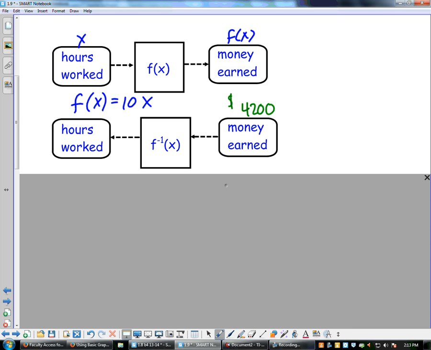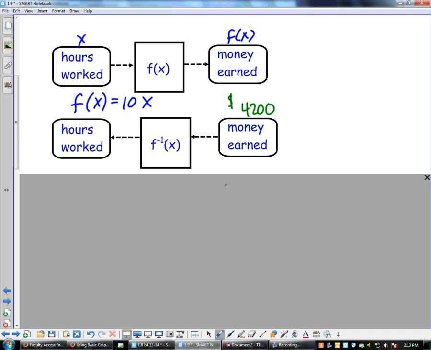So in other words, the input now is going to be the money that Cole wants to earn, and the output is going to be how many hours he needs to work to get it. Alexis, go ahead. We're looking for a function. So what do I have to do? If I enter some amount of money, like 4,200, what do I have to do to that to get the number of hours that Cole has to work to go to France?